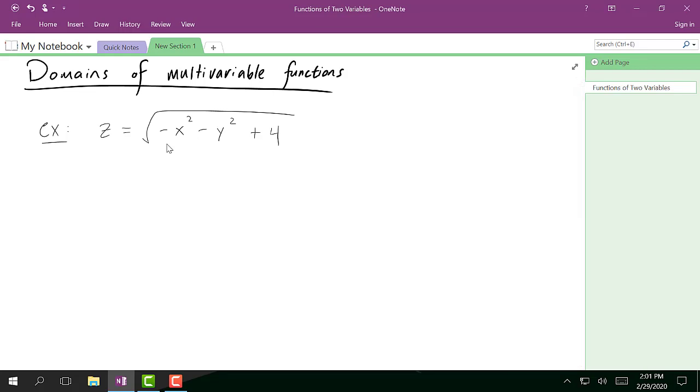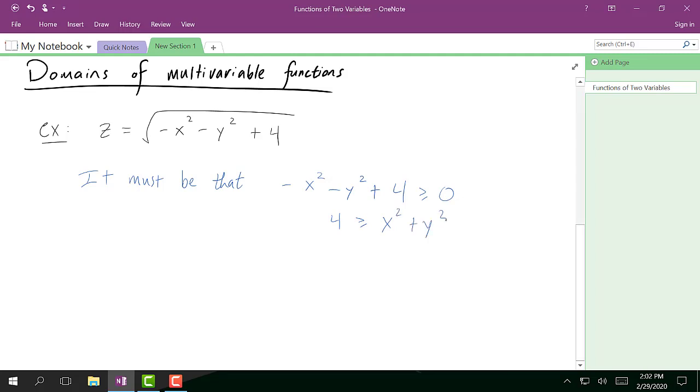And so in this case, it must be that negative x squared minus y squared plus 4 has to be at least 0. It can be 0, but it can't be anything less than 0. Right? And so rearranging this, we can add x squared and y squared to the other side. So 4 is greater than or equal to x squared plus y squared.